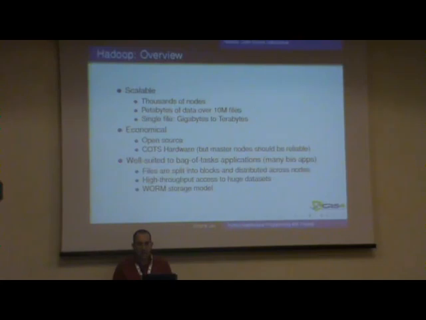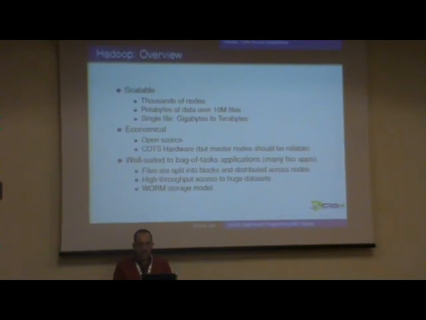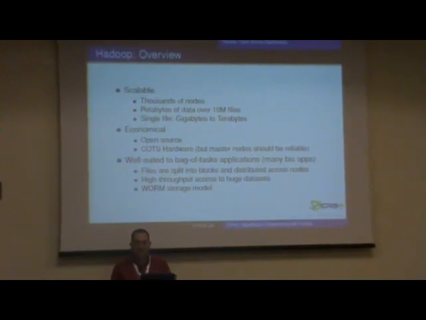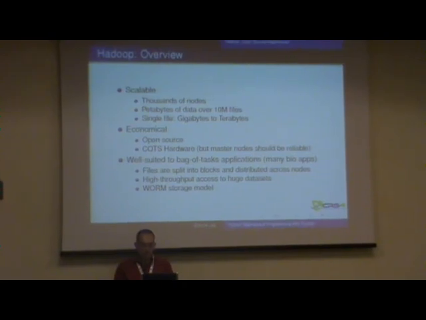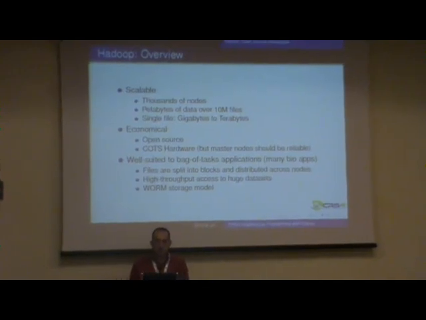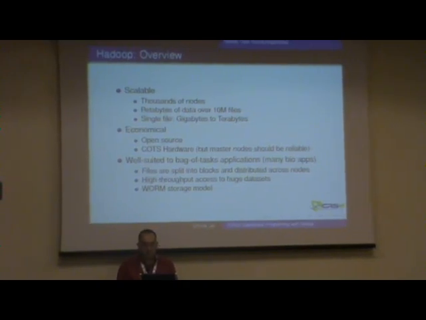This is a constraint that simplifies the handling of consistency between replicas, because files are stored in the file system with replication for fault tolerance. Since they are write once, read many, once written they cannot be modified, which makes it easier to handle concurrency and consistency of replicas, and so it allows a huge overall bandwidth. This, of course, makes it non-POSIX compliant, but it's a specialized file system for a specific domain.